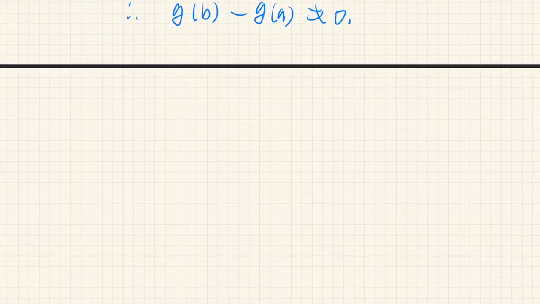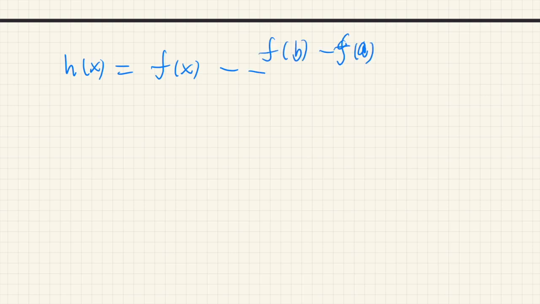So that means we can define the following function without a problem. Let's define a new function h of x as f of x minus f of b minus f of a over g of b minus g of a times g of x.